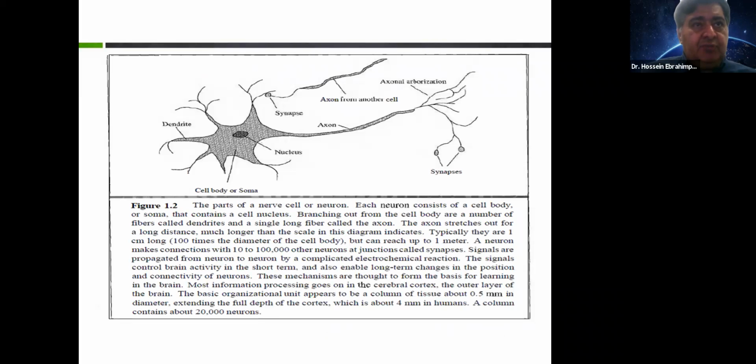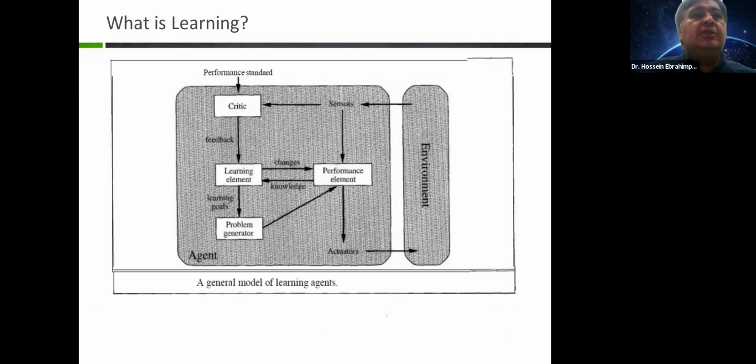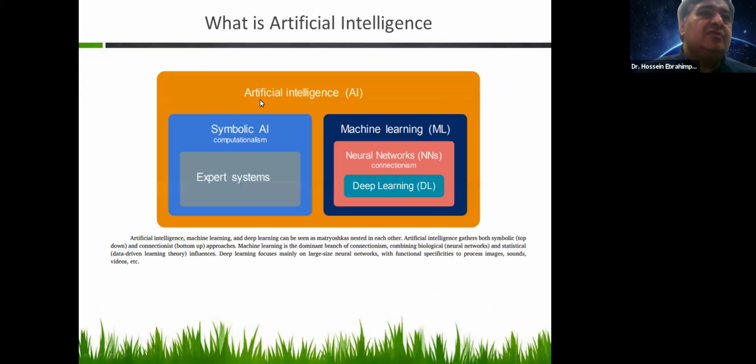Okay. So if we want to define artificial intelligence, we need to choose one of these definitions. But what is machine learning? Machine learning is part of the artificial intelligence systems. If your system has the learning facility, it can have the learning element, so it can change its behavior.